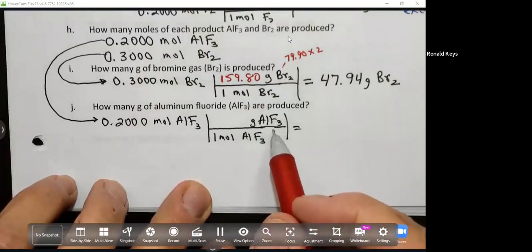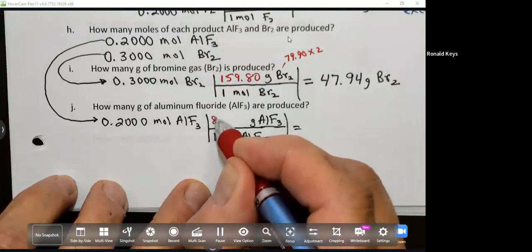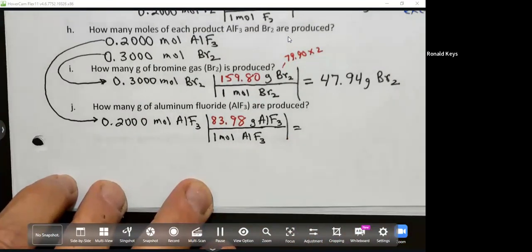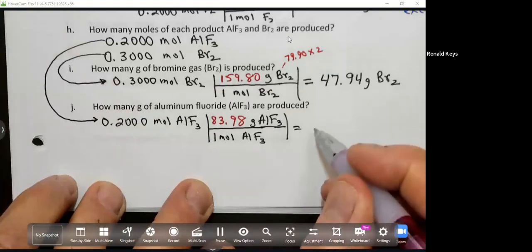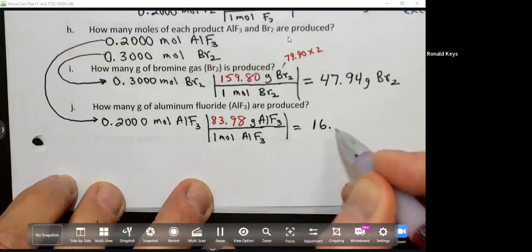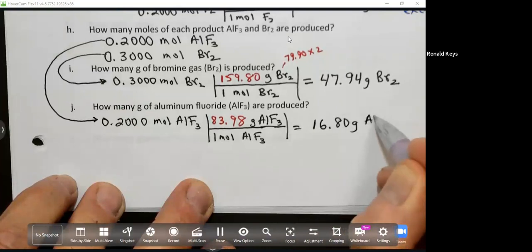So 1 aluminum, 3 fluorides. I think we get this. 0.98, I think. 4 sig figs. 18.80.